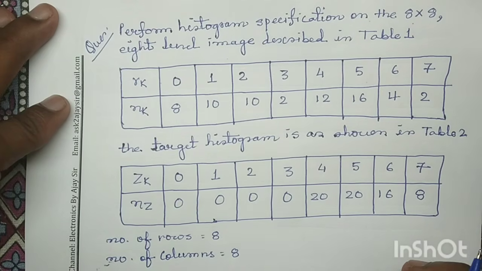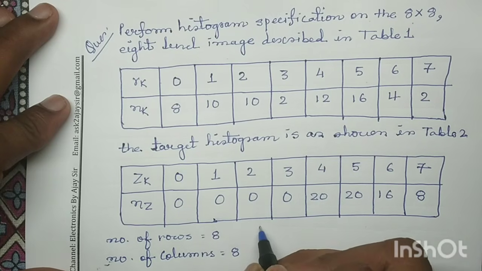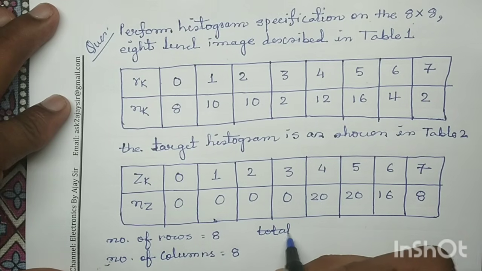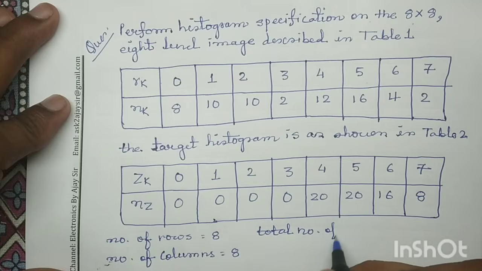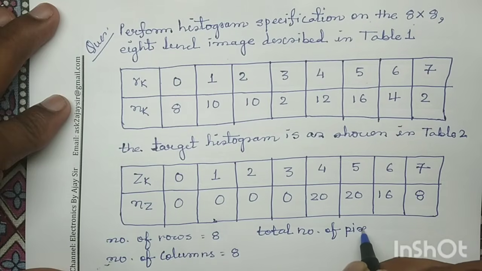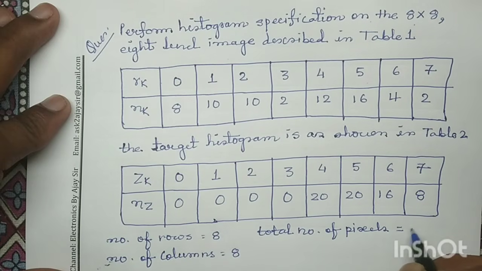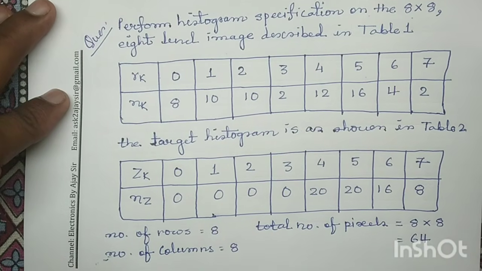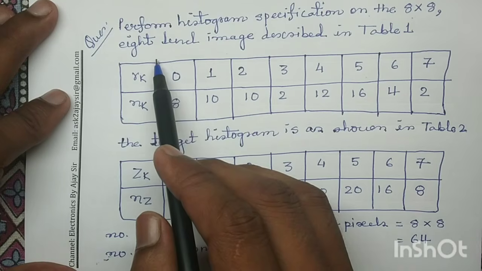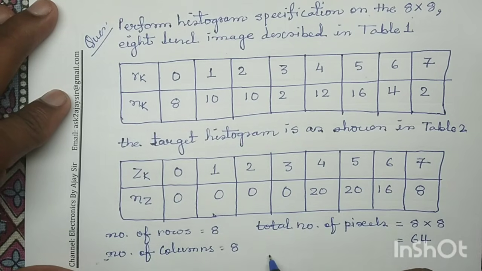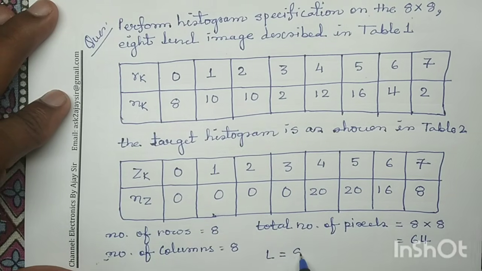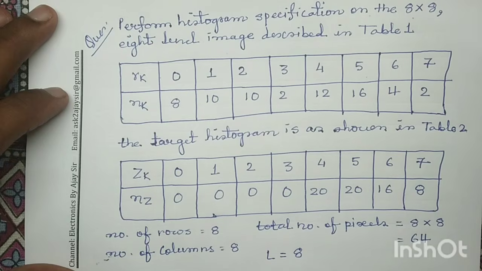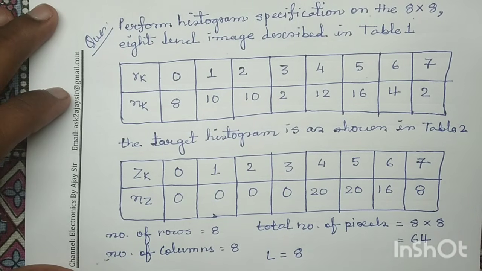So if the number of rows is 8 and the number of columns is 8, then the total number of pixels is equal to 8 cross 8, that is 64. Now if it is an image which consists of 8 gray levels, it means L is equal to 8. So next we will start to solve this numerical question.